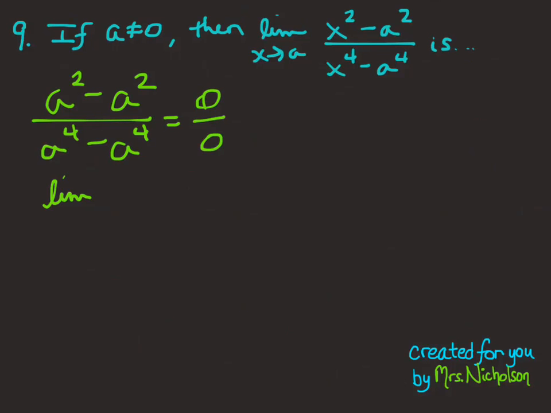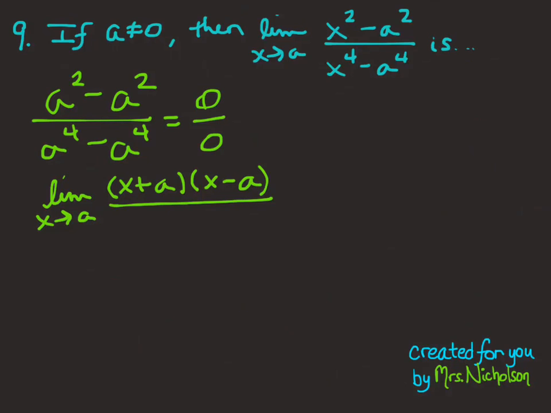So, limit as x approaches a. In the numerator, I have x squared minus a squared. That's a difference of two squares, which factors to be (x plus a)(x minus a). Now in the denominator, I have x to the fourth minus a to the fourth.